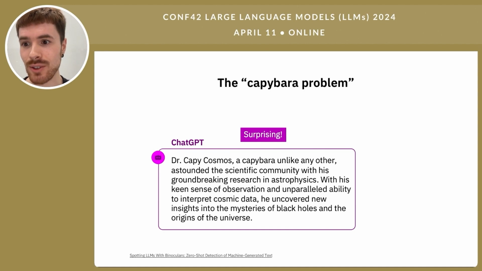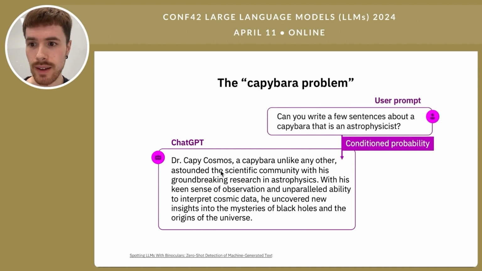So I don't know what the person asked ChatGPT, which means that if I just see a text without any context, it can be very surprising. If I knew where it was coming from, I would understand that this thing is likely. So I can say, oh, it was written by an LLM because an LLM would likely write this thing when it's being asked to write about a capybara that is an astrophysicist.